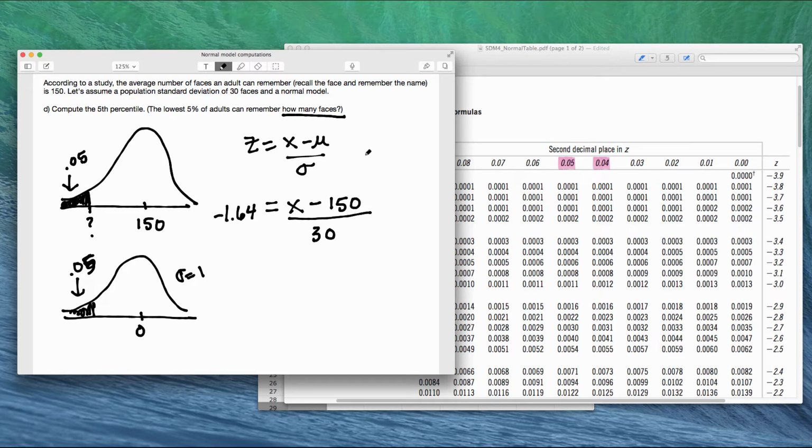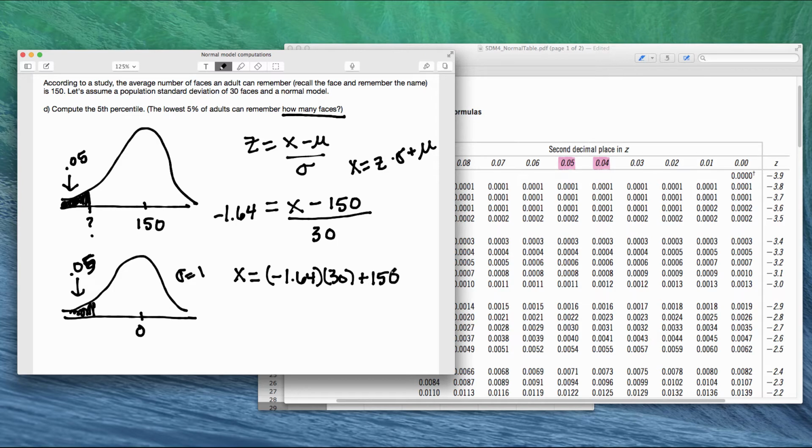Another way that you might find this equation is x equals z times sigma plus mu. That's just doing a little bit of algebra solving for x. So x is equal to z, negative 1.64, times sigma, that's 30, and then add 150.